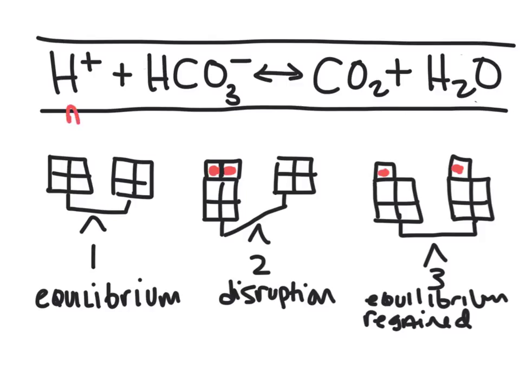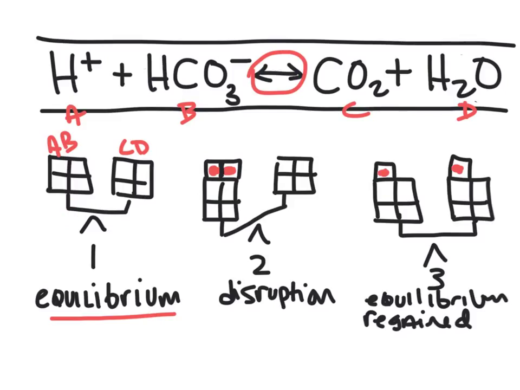Let's say this is A, this is B, this is C, and that's D. So here we have A and B, and we have C and D. And when we're in equilibrium, it means that both sides of this arrow are equal, and therefore we have a balance. You can think of it like a teeter-totter where we're in balance.